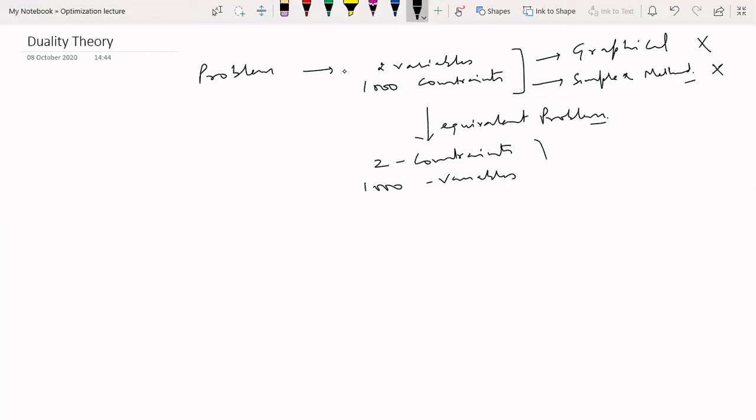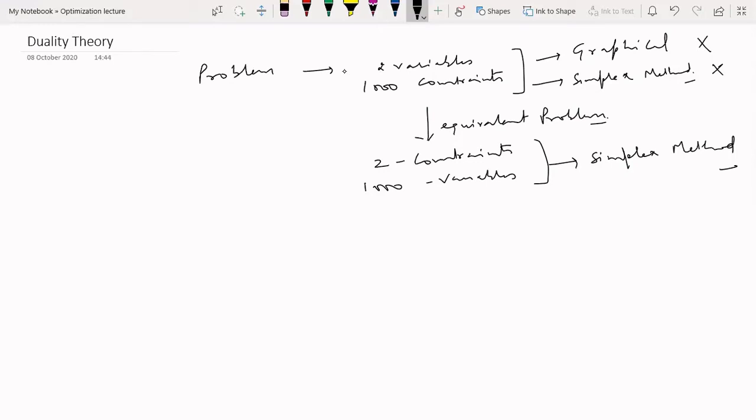Now you see, if you have two constraints and 1,000 variables, certainly we are not going to solve this problem with the graphical method, but this problem can be easily handled with the simplex method, simply because we have only two constraints. So we only need to take two variables into the basis. So the basis size is very small, and then at each iteration we have to apply only one or two row operations. So it is relatively easier to handle.